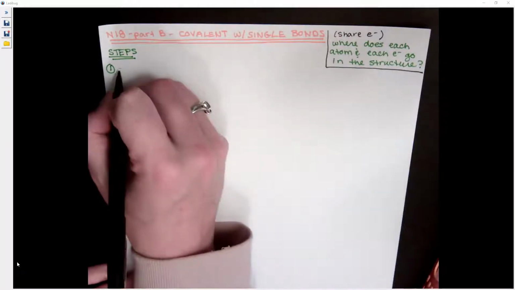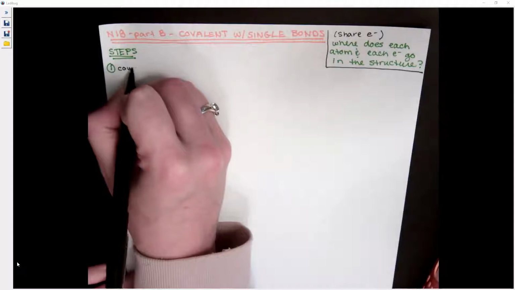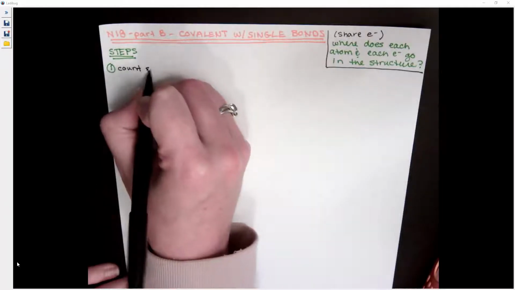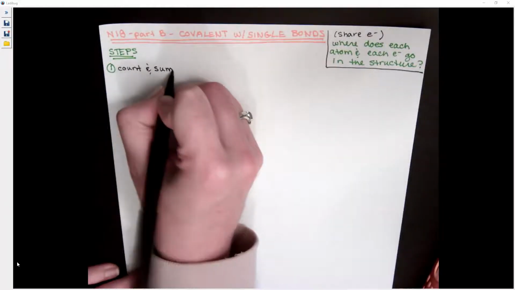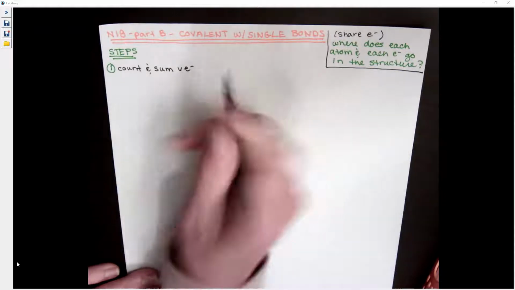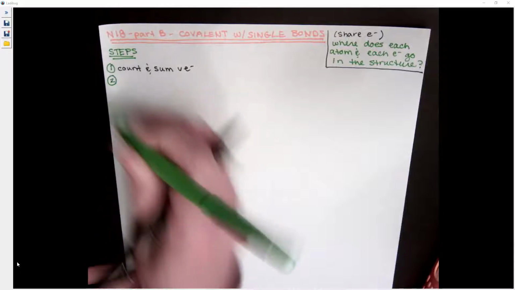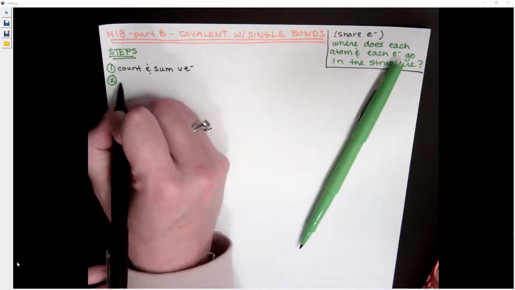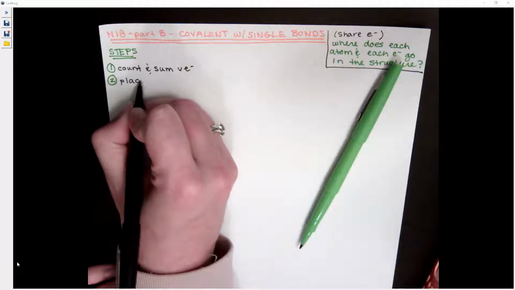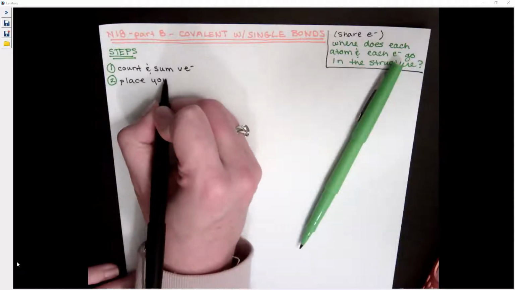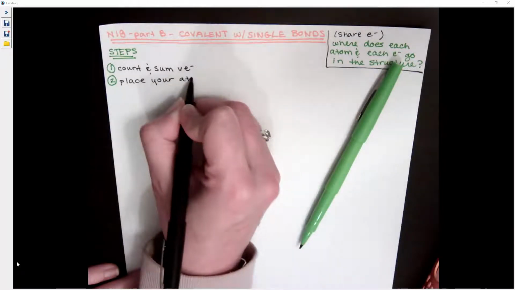So step number 1, count and sum your valence electrons. Number 2, place your atoms.